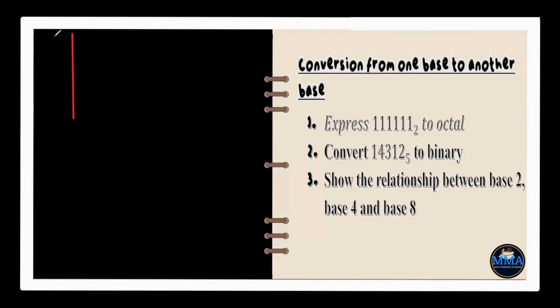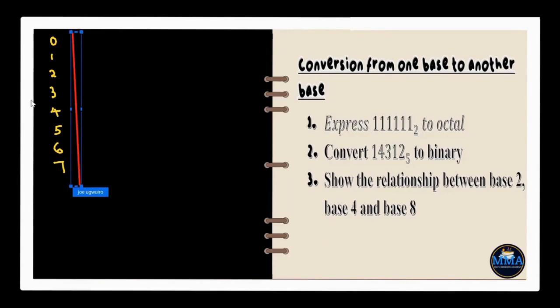These are the base 8 numbers: 0, 1, 2, 3, 4, 5, 6, 7. So if we are to list base 8, these are the numbers that we are going to get. Let's bring this thing down here. Good. So now we've seen the base 8 numbers.